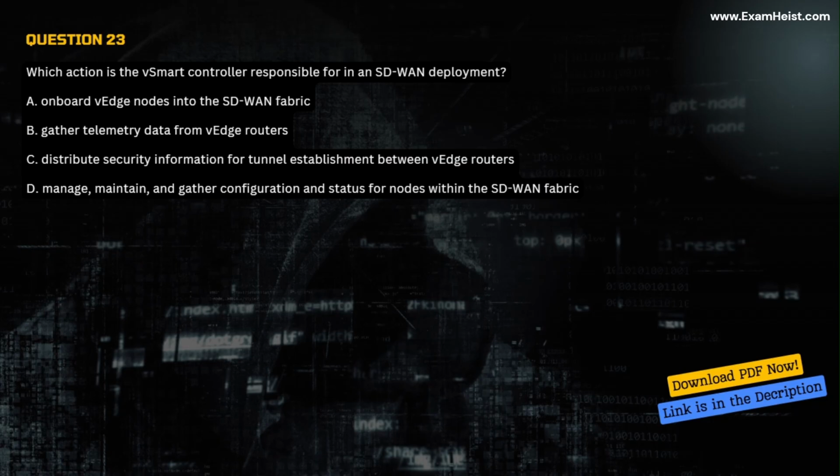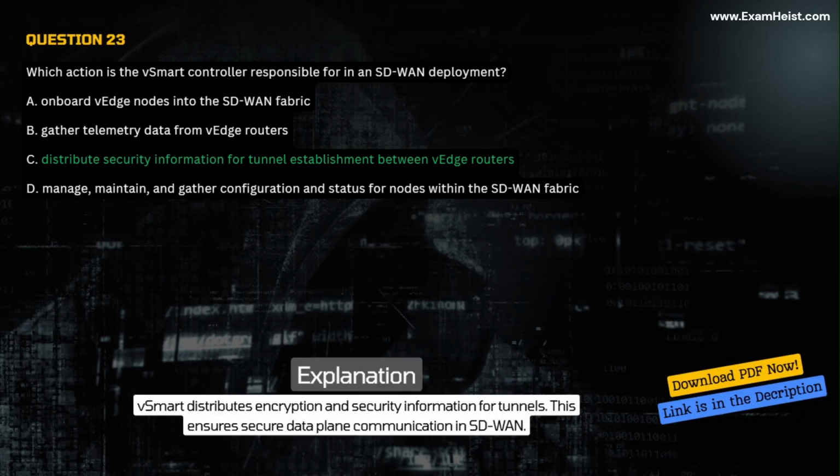D. Manage, maintain, and gather configuration and status for nodes within the SD-WAN fabric. Correct answer, C. Distribute security information for tunnel establishment between vEdge routers. Explanation. vSmart distributes encryption and security information for tunnels. This ensures secure data plane communication in SD-WAN.